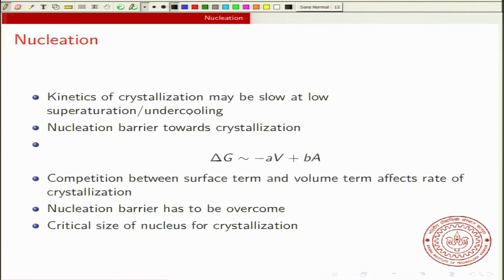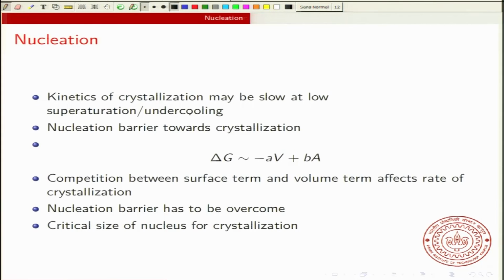Then the kinetics of crystallization is often very slow, and this is something you have seen in your chemistry labs. Whenever you prepare some compound, maybe organic or inorganic, and have it in a solution, you let the solution cool down and wait for it to crystallize, and sometimes this crystallization is very slow.